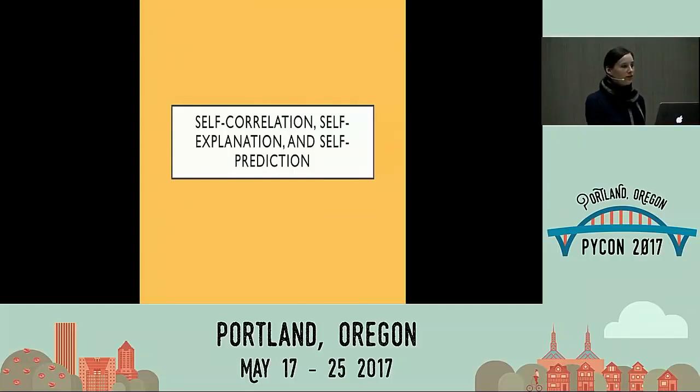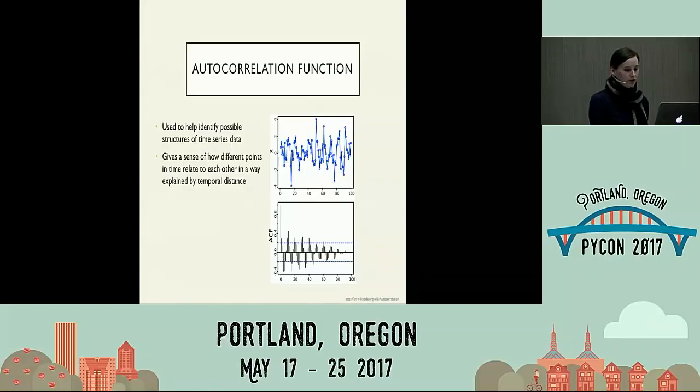So there's 2 functions we use to look at the structure of time series. One is the autocorrelation function. This is used to help identify possible structure in time series data. It gives a sense of how different points in time relate to each other in a way explained by temporal distance.